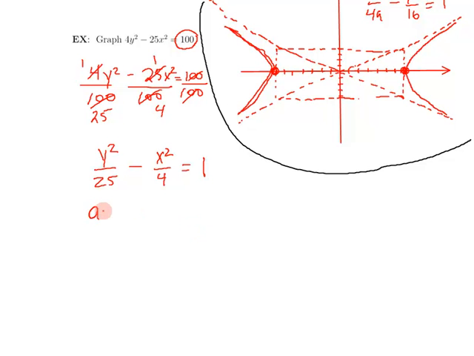So our a would be the square root of 4. Remember, a is always under the x, and it's the square root of that number. So a is 2. b is the square root of 25, which would be 5.